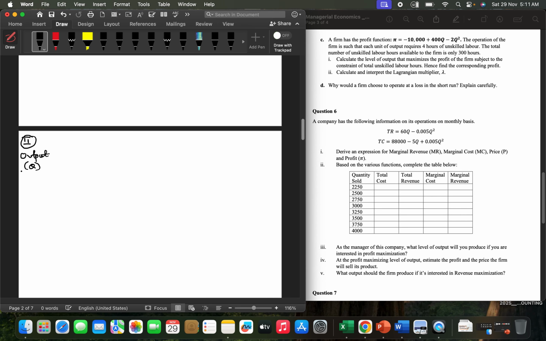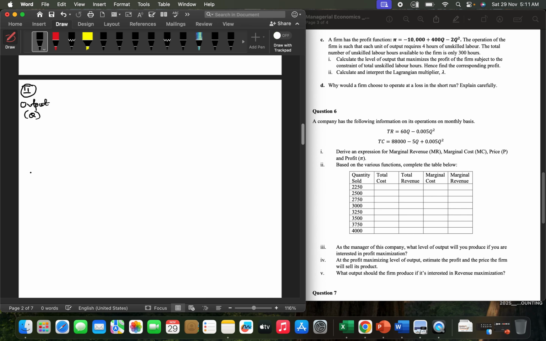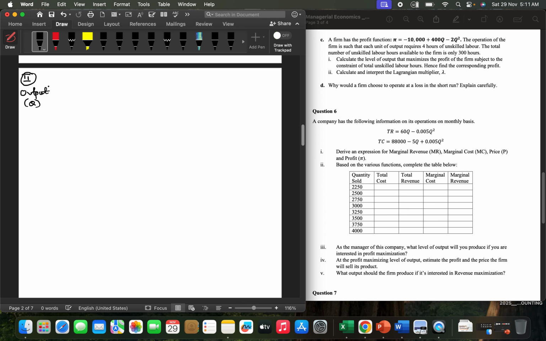We're given output. We're also given total cost, I'll shorten it to TC. We're also given total revenue.